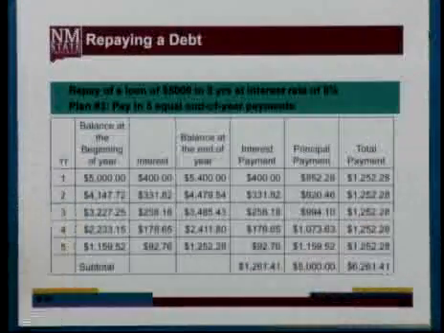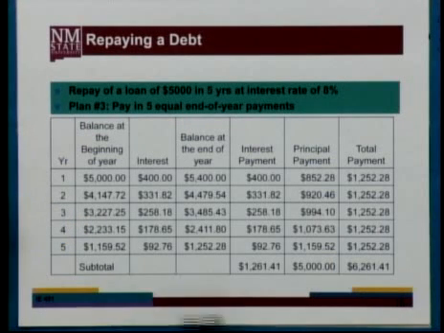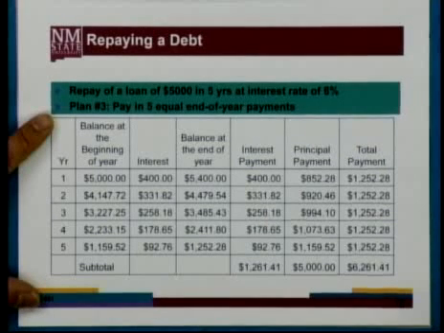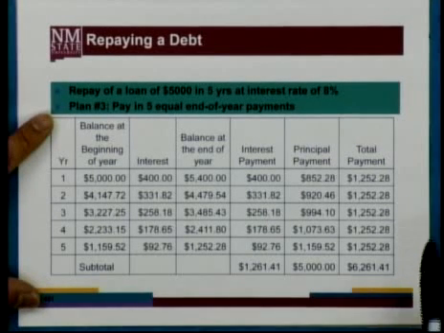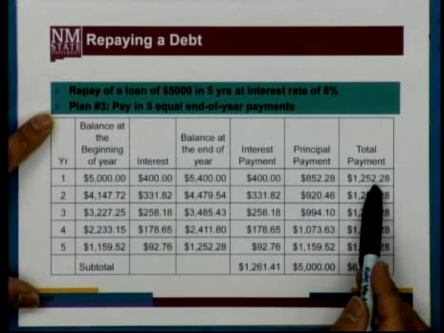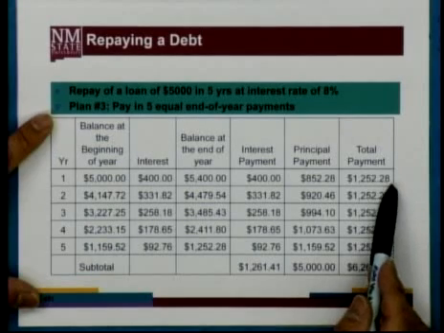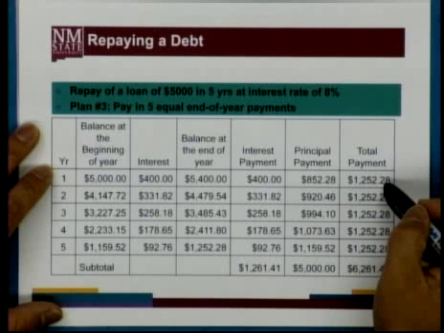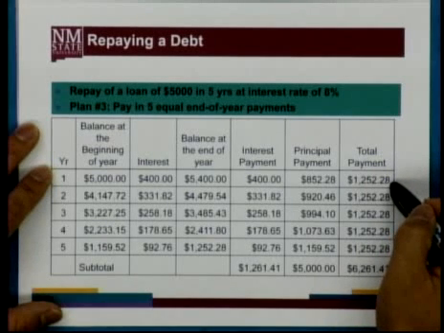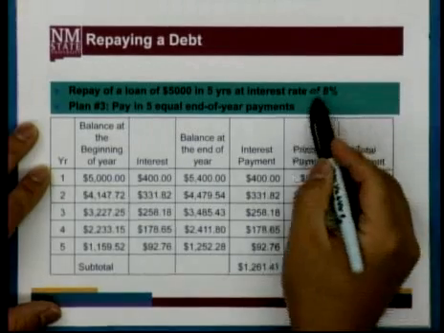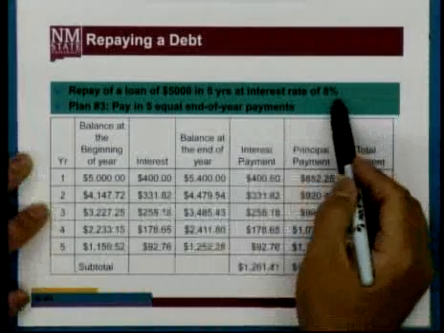And in the third plan, at the end of each year, you pay an equal amount. So you pay $1,252.28 at the end of each year. We see that a series of 5 payments of $1,252.28 repays a $5,000 debt in 5 years with an interest rate of 8%.